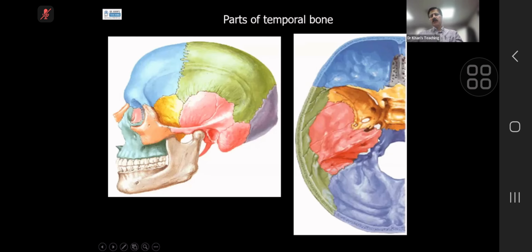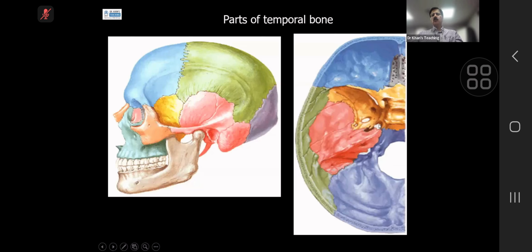Now, if you see here, the petrous temporal bone forms a synchondrosis, joining the occipital bone and the sphenoid bone. So there is a joint here.